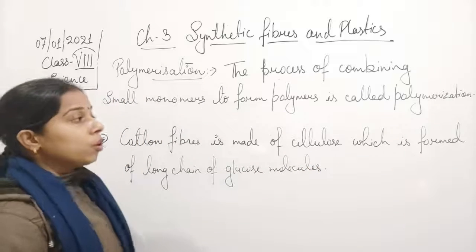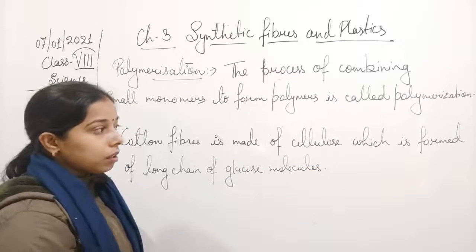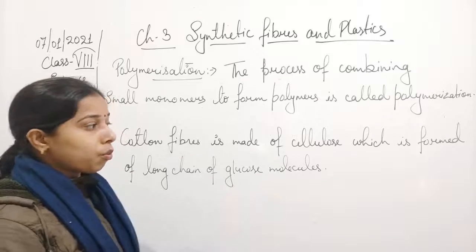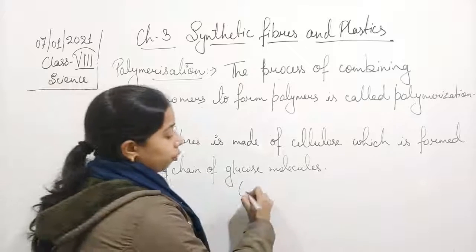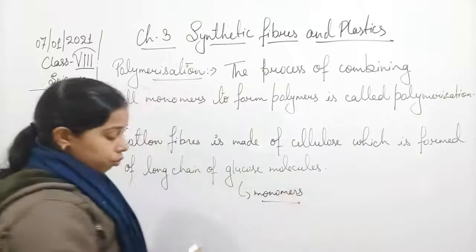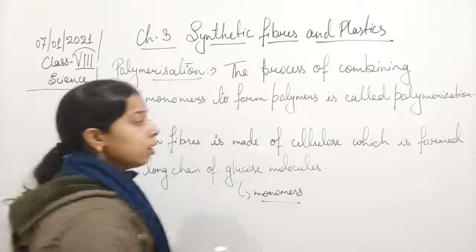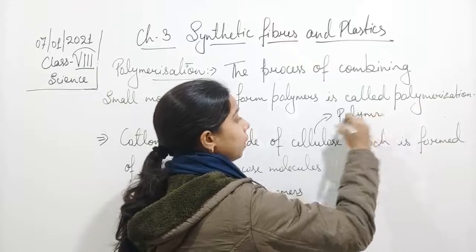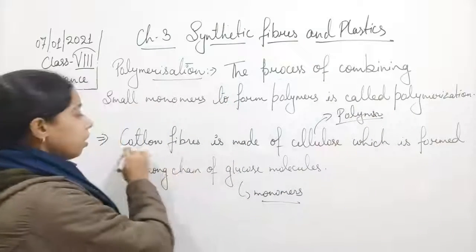Okay, so we can say that cotton is, as we gave the example here, a glucose molecule. What is it here, student? It is the monomer. These monomers, these glucose molecules, when they combine together, form a polymer, and this polymer helps in the formation of the cotton fiber.